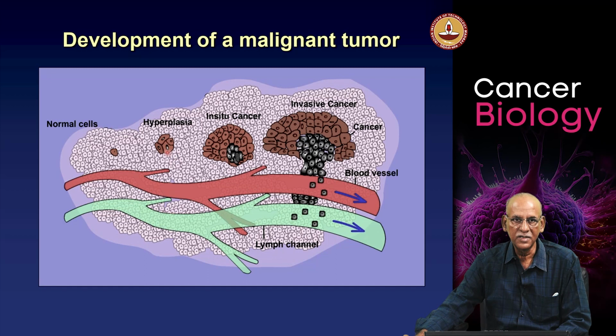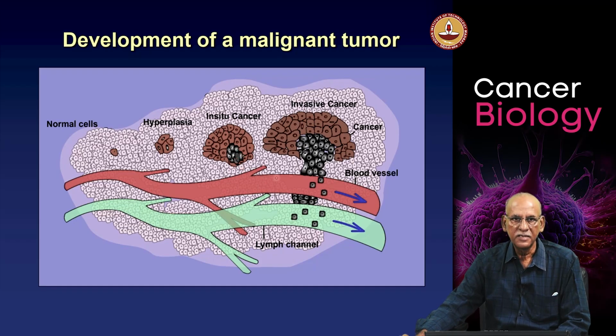There are some structural changes, you can see that. This initial condition is what is called hyperplasia. Just now I described the two terms. So, this is referring to the structural changes. When these changes are restricted to the site of origin and do not spread, then it is called in situ cancer.